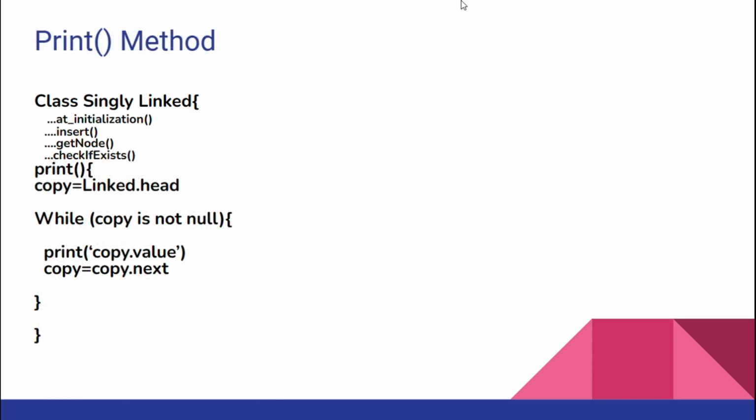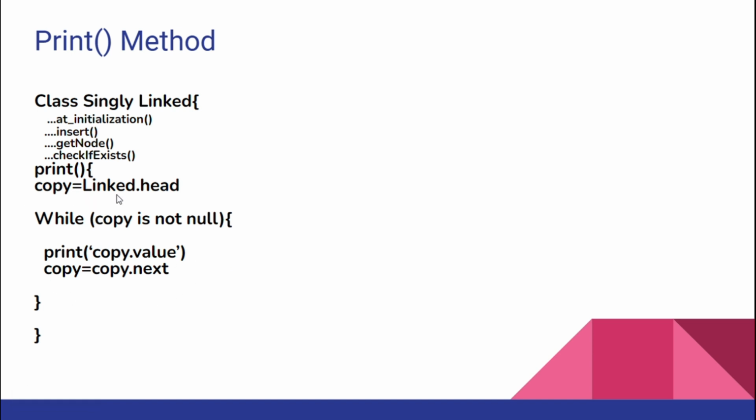Okay, so this is a print method, and as its name suggests, it's just used to print every node in the singly linked list collection. It's similar to the get node and the check if exists methods. It uses the same mode of traversal, but the thing here is that it doesn't take any argument, so there's no condition to break the loop. The loop has to get to the last node and print every node to the last node, and it's pretty straightforward.